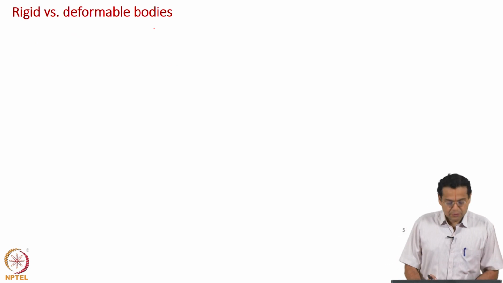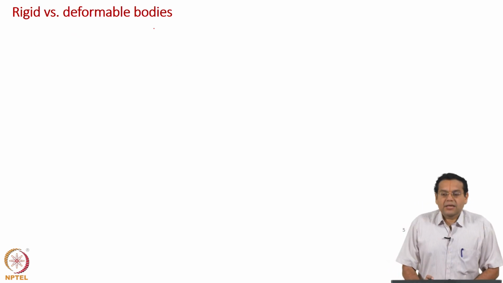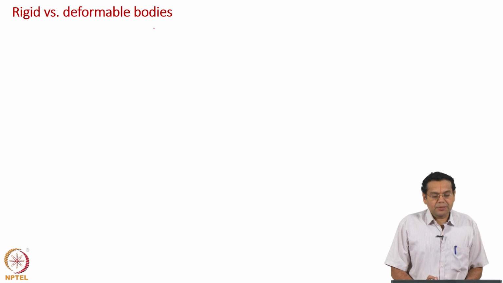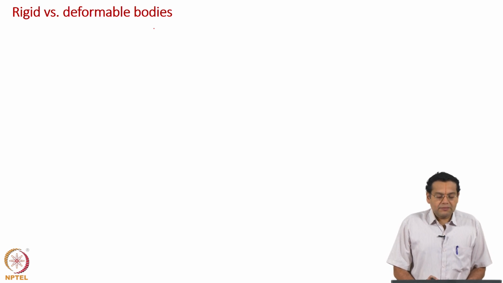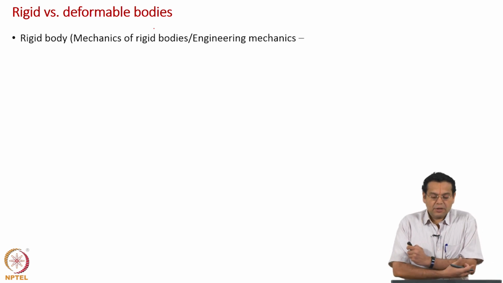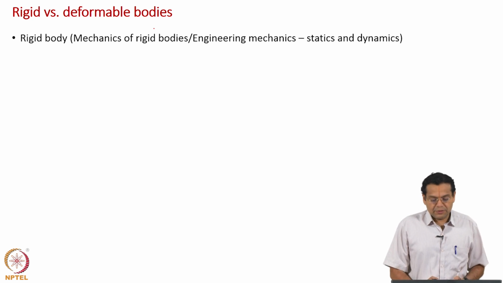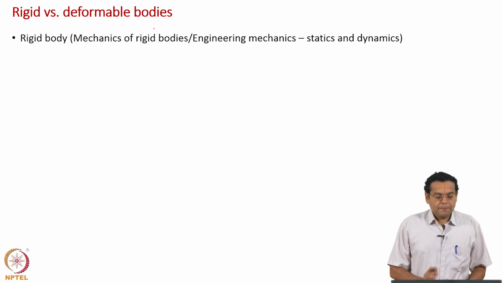Okay. Now, where do we start? We start by distinguishing between rigid and deformable bodies. Mechanics of rigid bodies: if you have taken a first year course in engineering mechanics, you would have studied mechanics of rigid bodies under static and dynamic conditions.